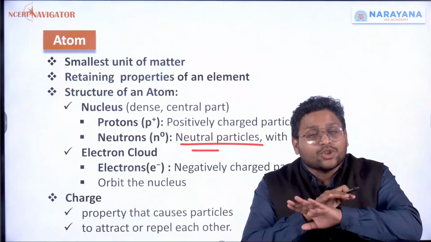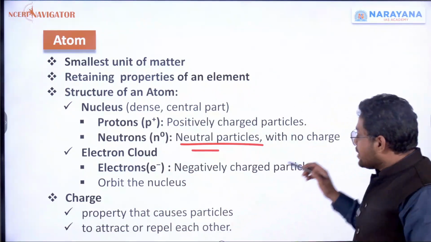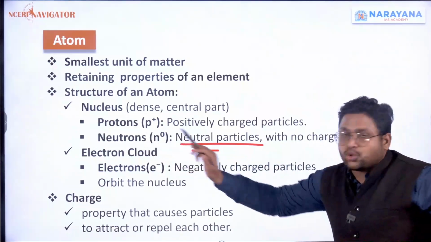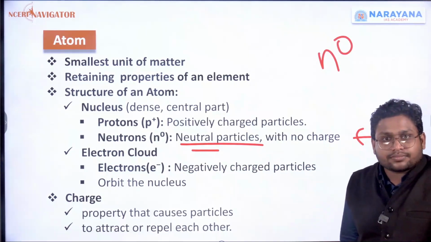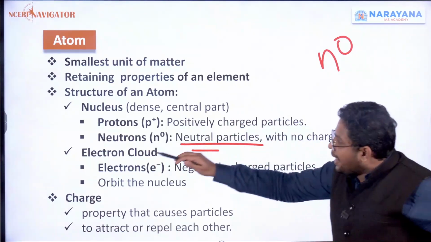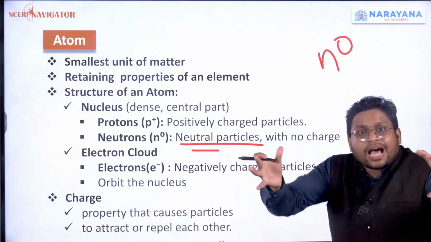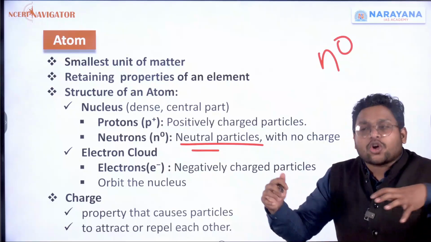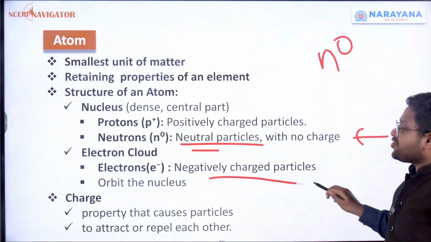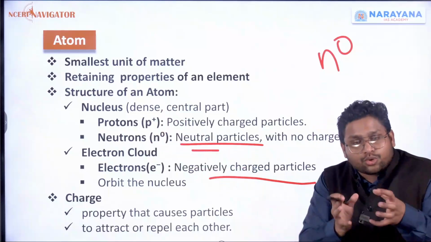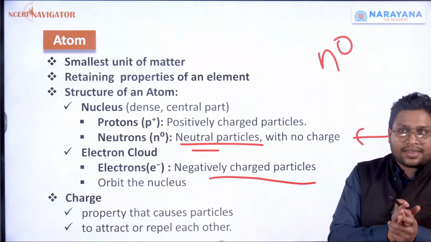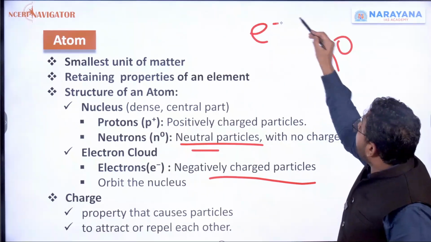You have no charge as such. Such a particle will be a neutron, and we represent it with N0. And around this there is a cloud of electrons, which are negatively charged particles orbiting the entire proton and neutron structure, the nucleus, and we represent them with E minus.